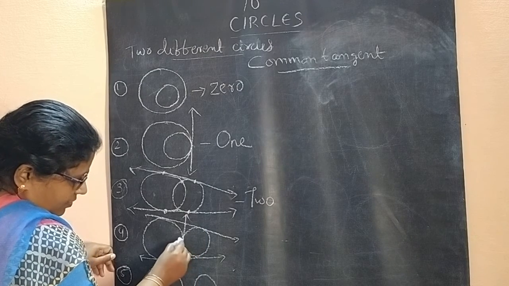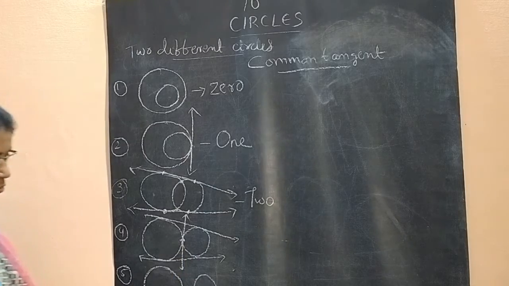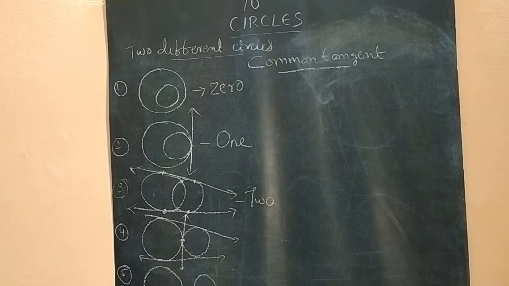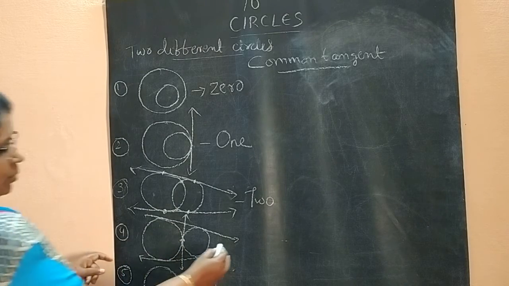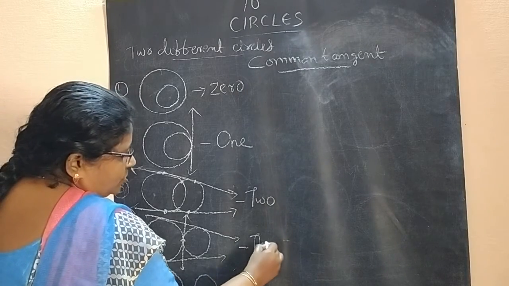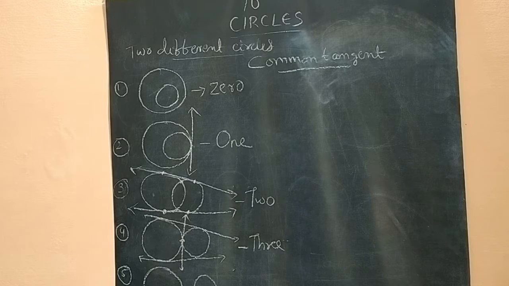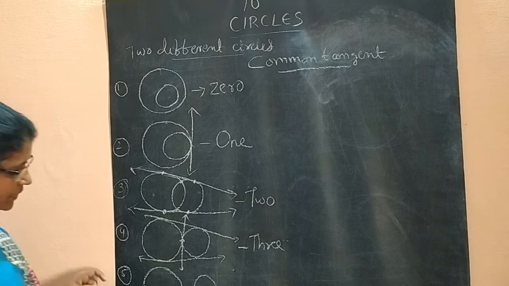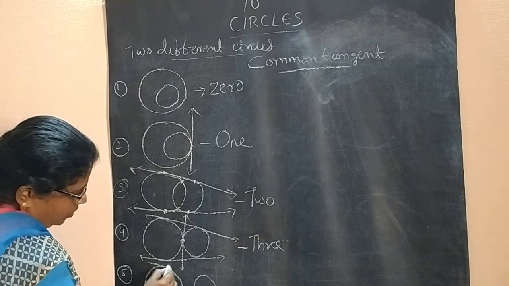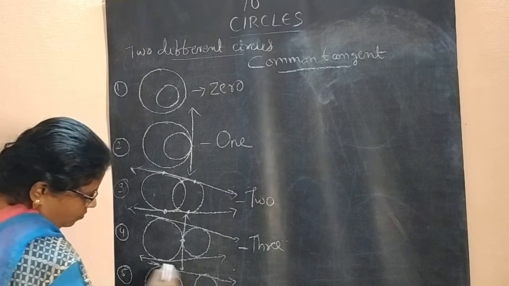See, this is the touching point; through the touching point we can draw. So how many common tangents will there be? 3 common tangents.